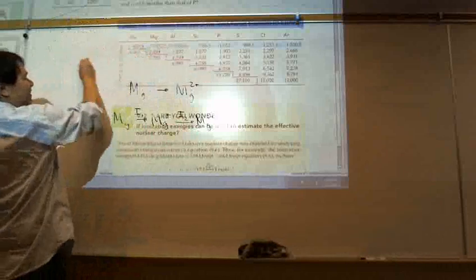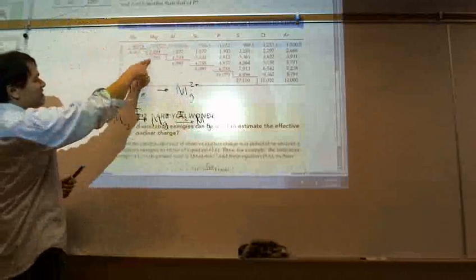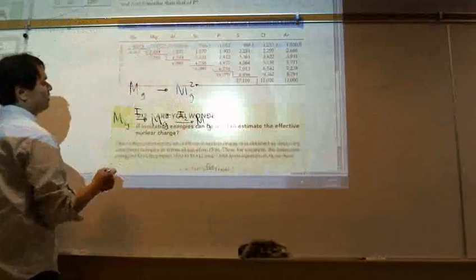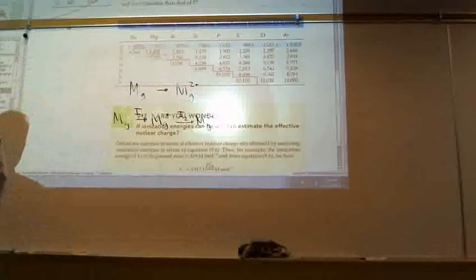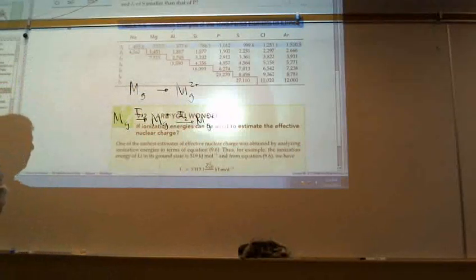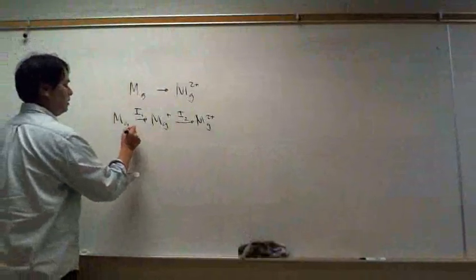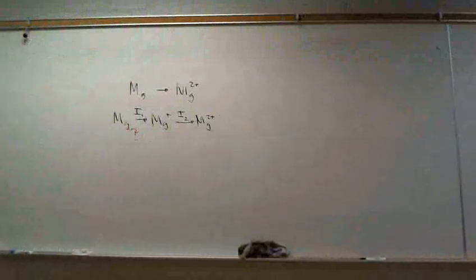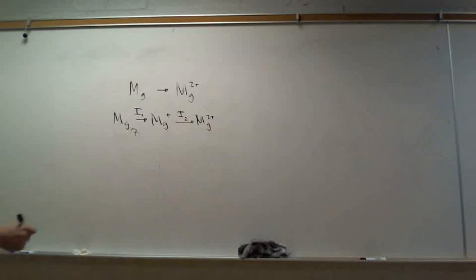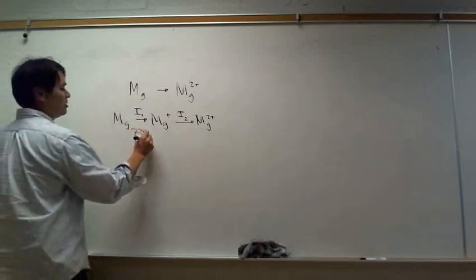So we have I1 for magnesium, 738 kilojoules.